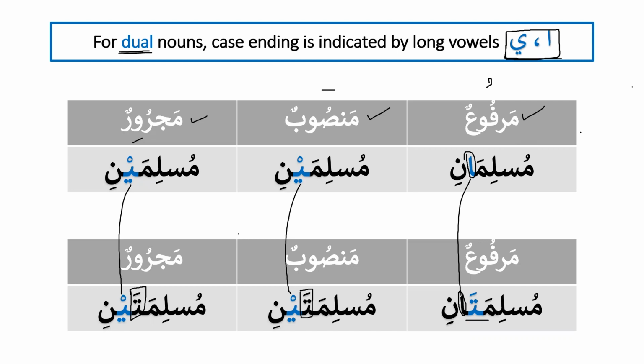There is no fatha, dhamma and kasra, because in dual we do not have fatha, dhamma or kasra. So I was telling you that when we talk about singular, we have fatha, dhamma and kasra. But when we talk about the dual, there is no fatha, no dhamma, and no kasra.